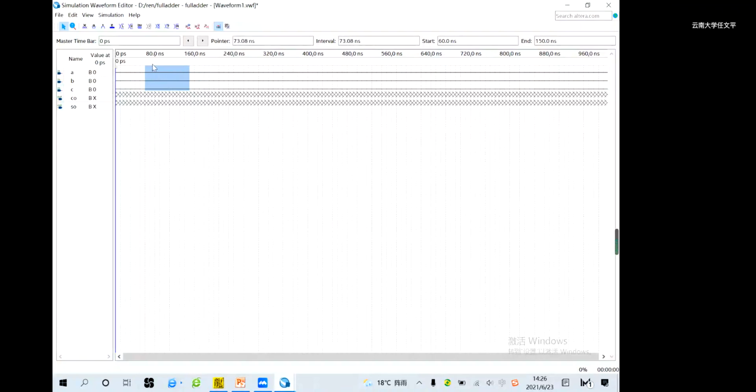For example, I give the values 1,1,1 and 1,1,0 and 0,1,0, according to the demand of the test. Save.